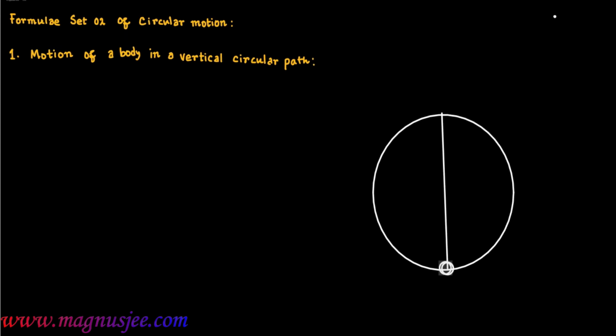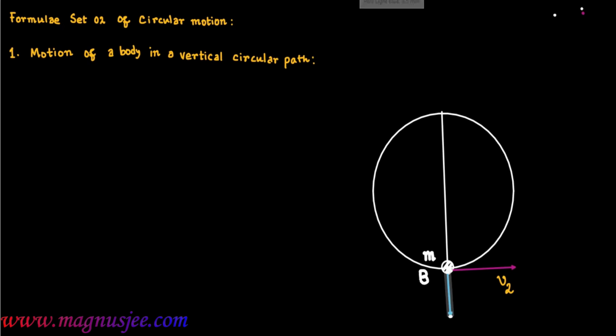So this is the vertical circular path, and a body of mass m is tied to one end of a string, and the string is whirled in this vertical plane. At the point B, we have the body of mass m, and this body has a tendency to move with tangential velocity V2 in this direction.